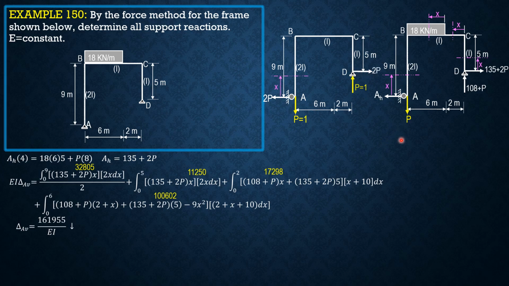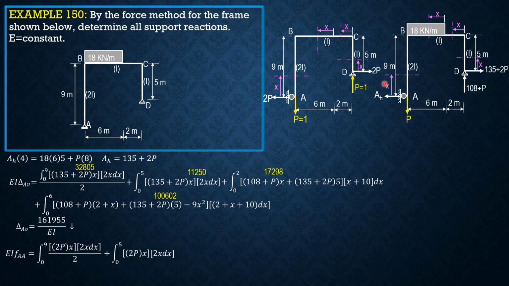So same sectioning as before, but this time the value of P is 1. Take note: X, then X, then X, 4 segments. So EI FAA equals integral 0 to 9 of 2P times X times derivative 2x dx, then divide by 2 because the moment of inertia is 2, plus integral 0 to 5 of 2P times x times 2x dx.